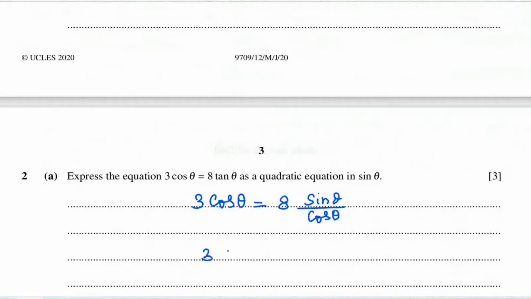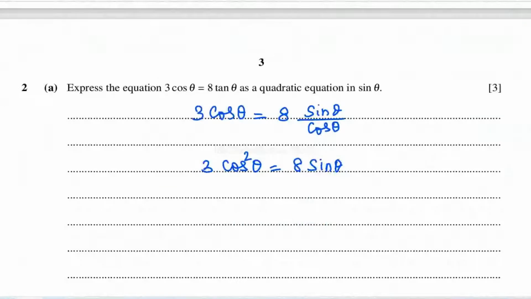Three cos square theta equal to 8 sin theta. So we need a quadratic equation in sin theta. So for cos square theta we will substitute in terms of sin theta, and we know cos square theta plus sin square theta equal to 1, and cos square theta can be written as 1 minus sin square theta.